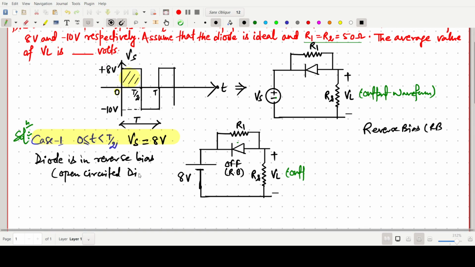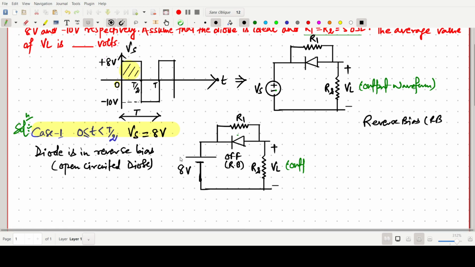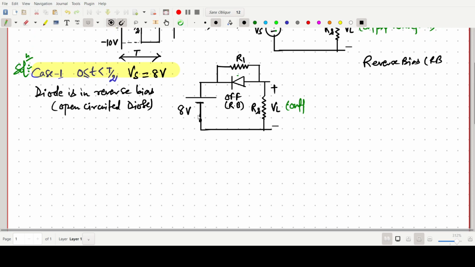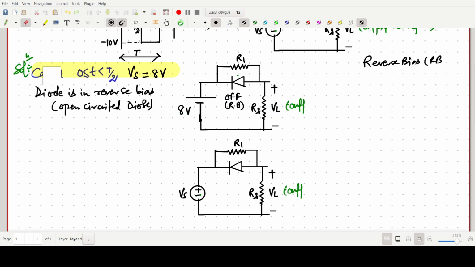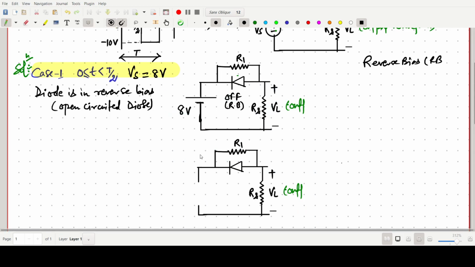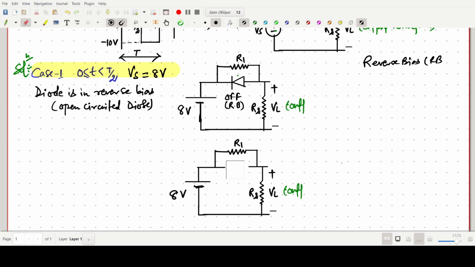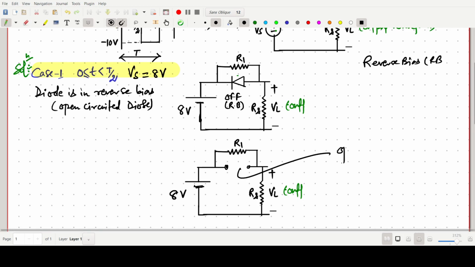So we can redraw the same circuit, with this as our 8 volt and the diode open circuited. Now we have to find VL.